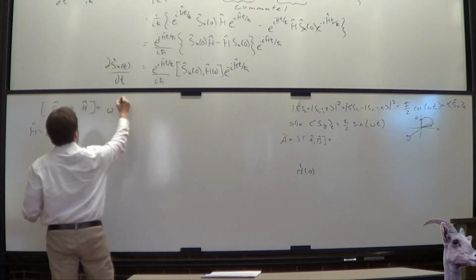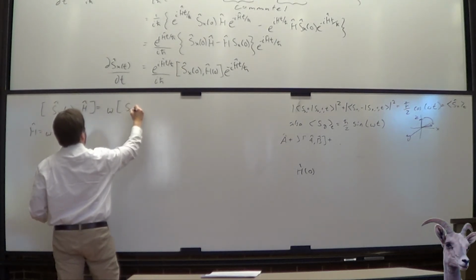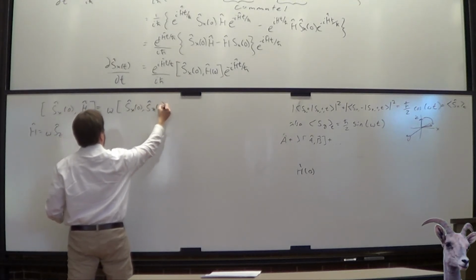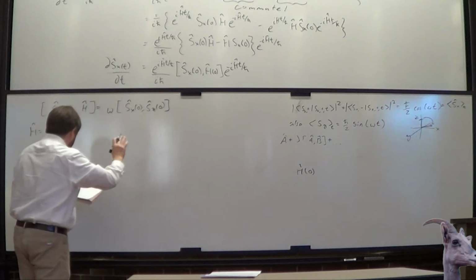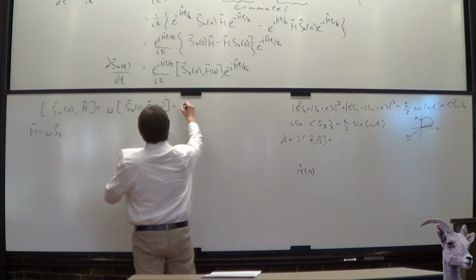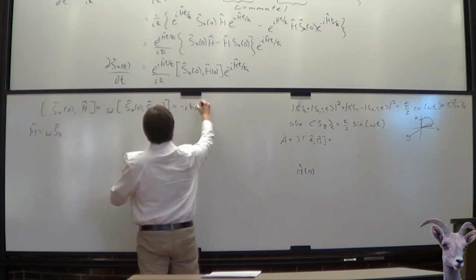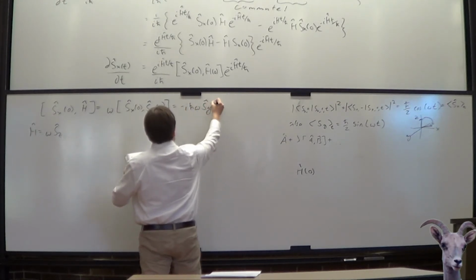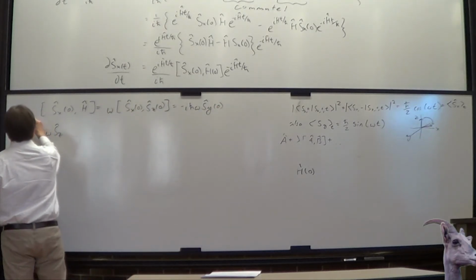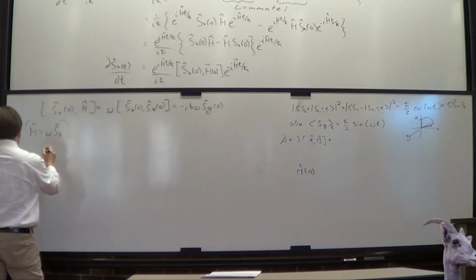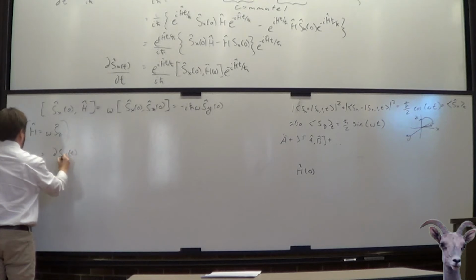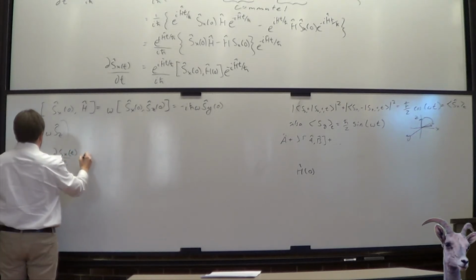So what you end up with is, constants just factor out. And this ends up being minus i. There we go. So I'm just writing this down again.